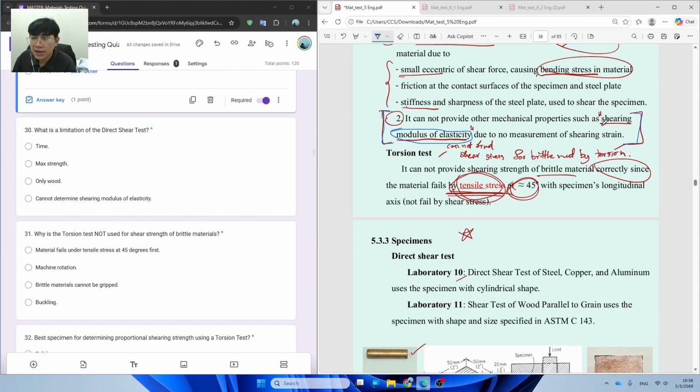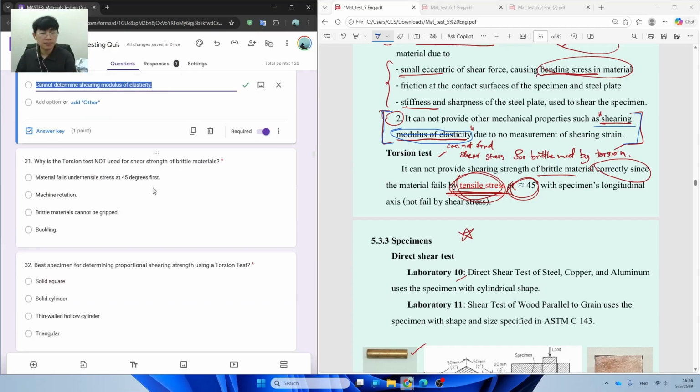That's why you cannot find the shear modulus of elasticity. That's just one bad point of the direct shear test. Okay, so just click here.